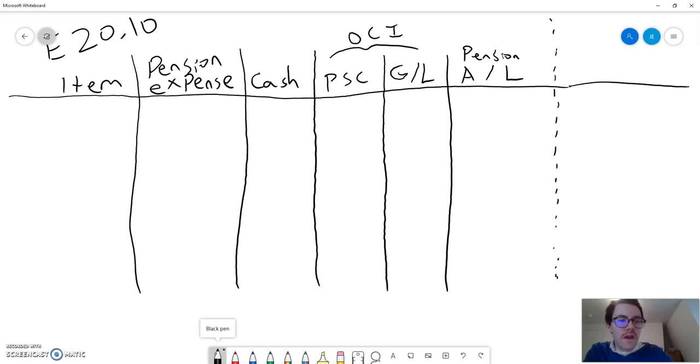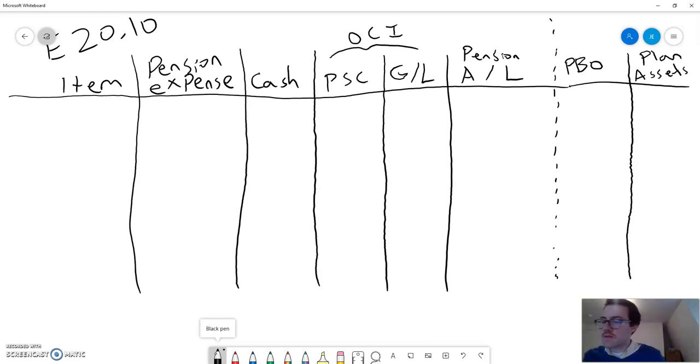over here on the other side you've got your kind of off the record, company keeps record of it but doesn't report in the financials. You have PBO and you have the plan assets.